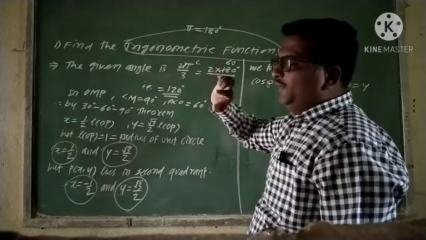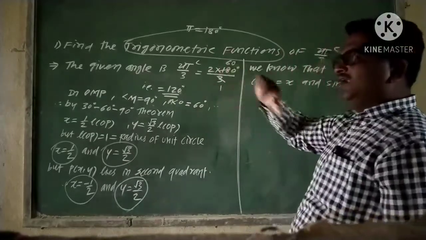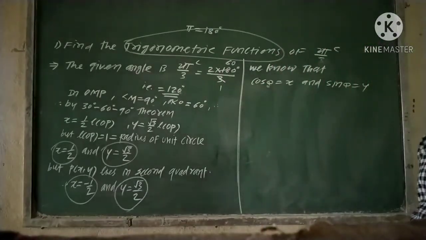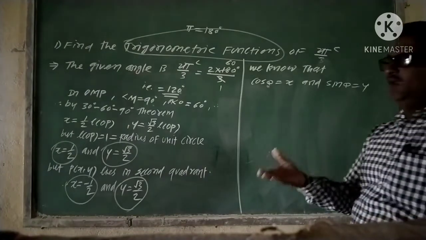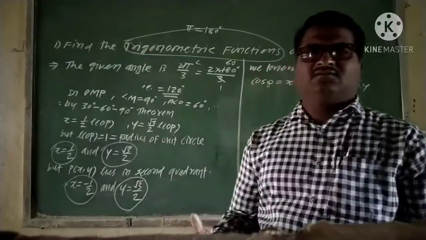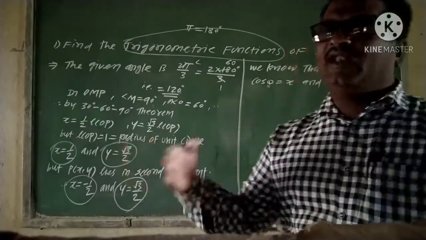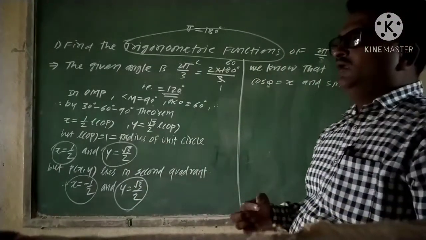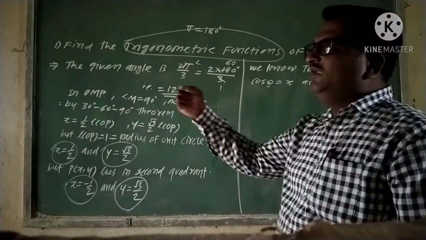because in this figure OP is the terminal ray, and when we have to find the angle of measure, we can consider a point which lies on the terminal ray.